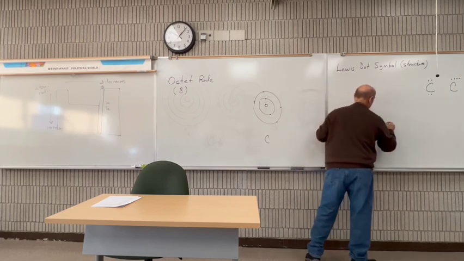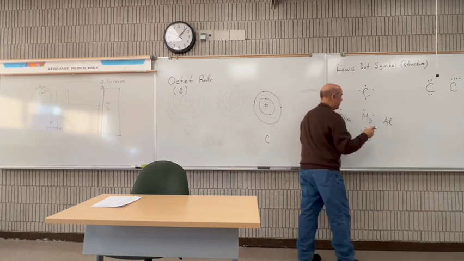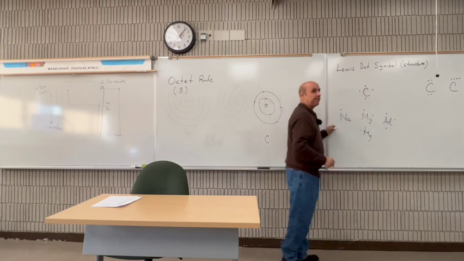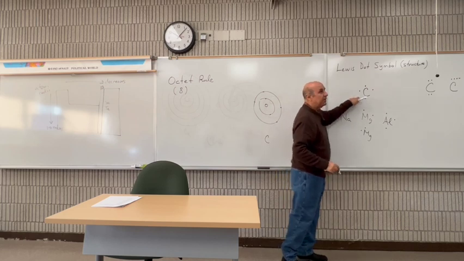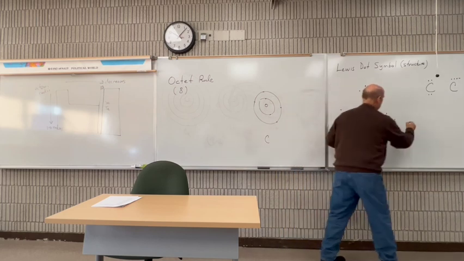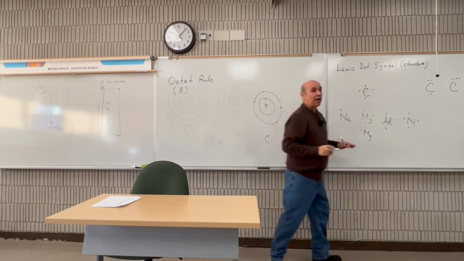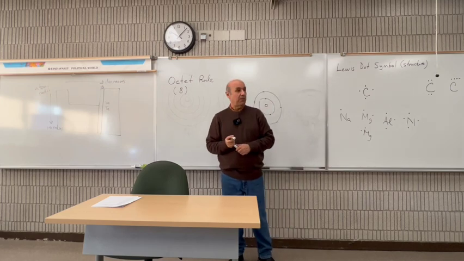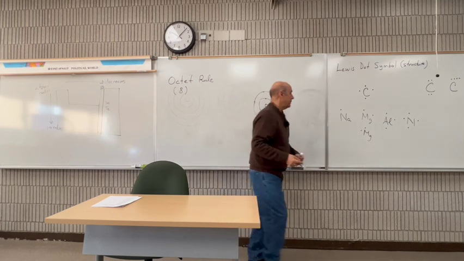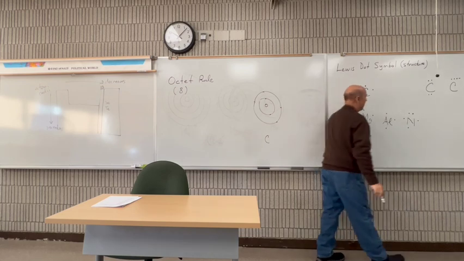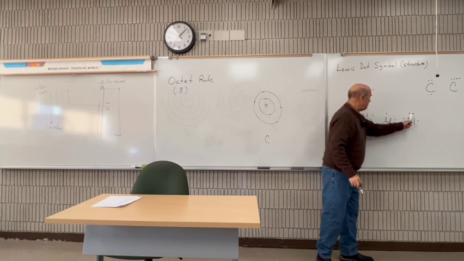So if I do that for aluminum, which has 3 electrons, it's going to go 1, 2, 3. Then we have carbon. Then we have nitrogen. So nitrogen has 1, 2, 3, 4. Guess what? Now we need to start pairing them. So I go back to the beginning where I started on the top, and I put the 5th one right there. That's a pair of electrons.